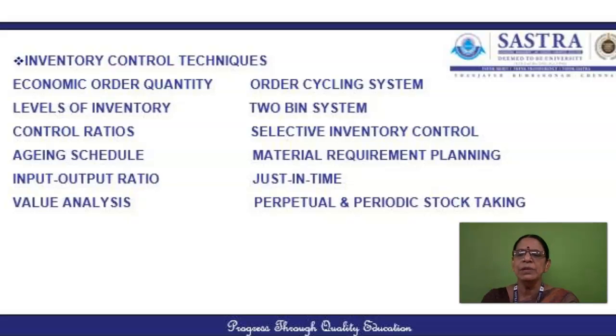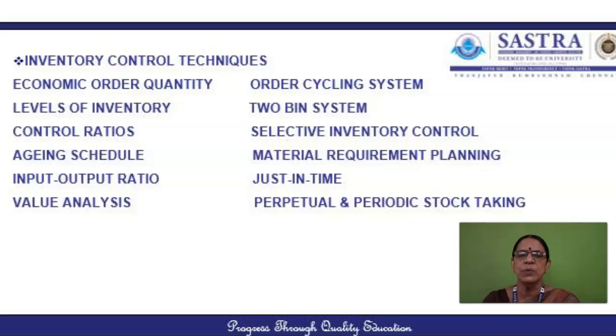The minimum level can be ascertained as follows: reorder level minus the normal consumption into normal reorder period. The safety stock can be calculated as follows. It varies directly as the square root of delivery time. Consumption varies and it is adjusted according to the degree of safety desired.